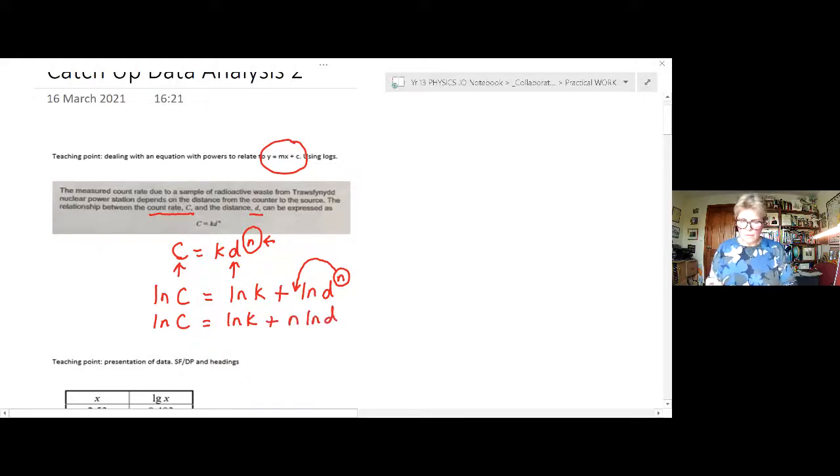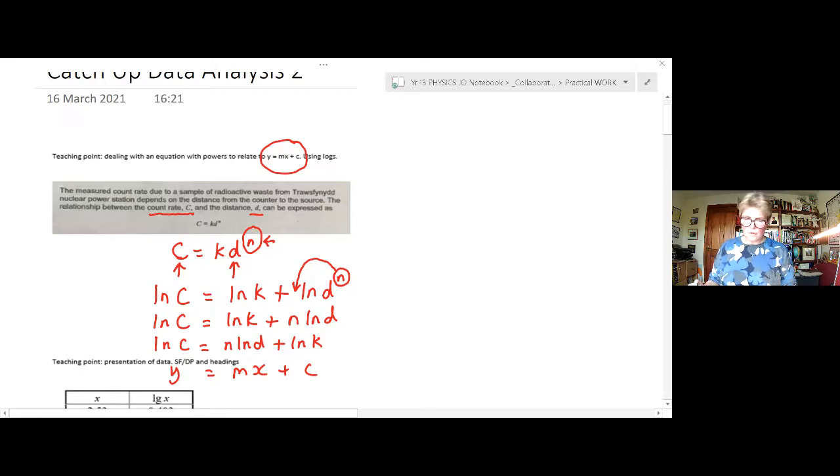Now this is into the form of y equals mx plus c, but before I relate it to y equals mx plus c, let's just rearrange that equation. So I've got log c equals n log d plus log k, and then I can more easily relate that to y equals mx plus c.